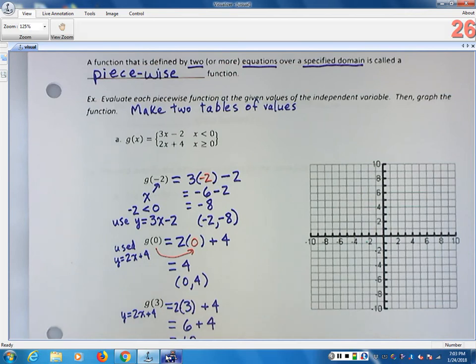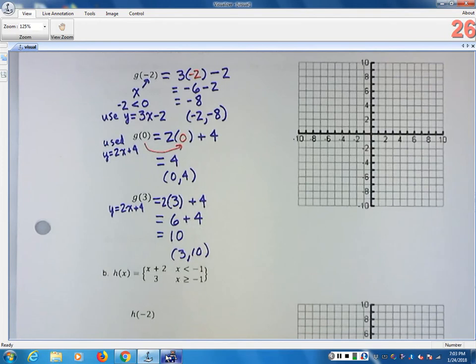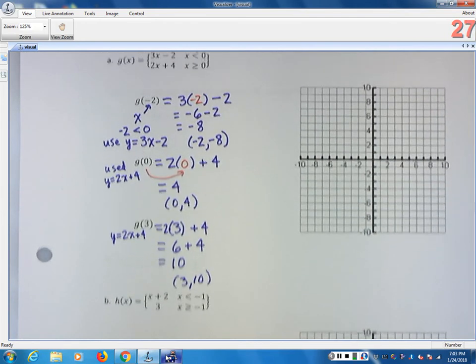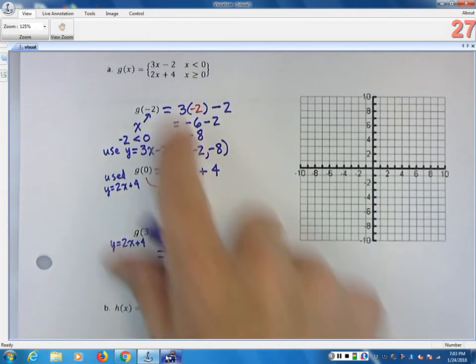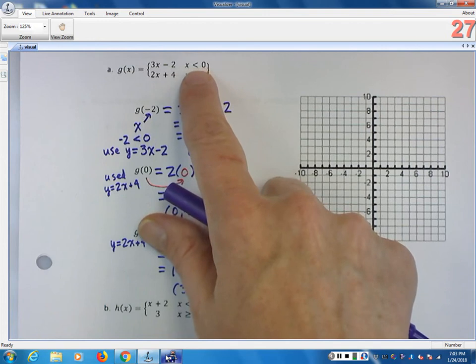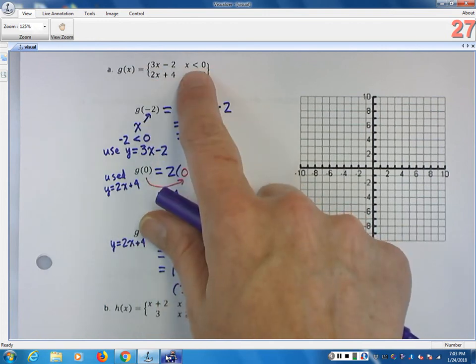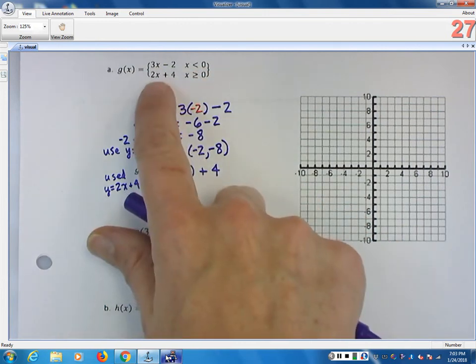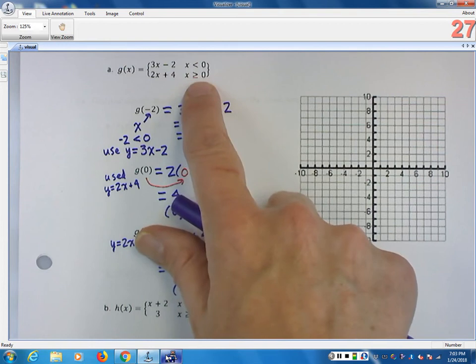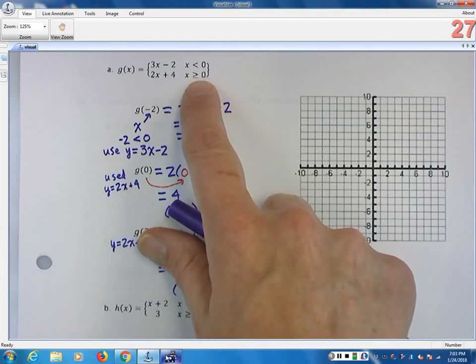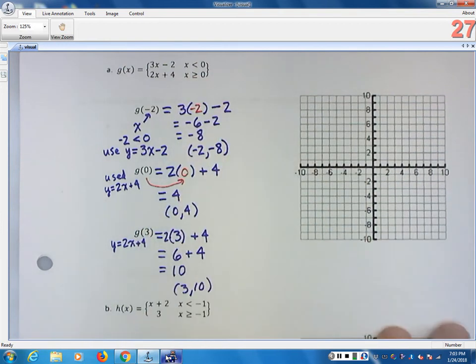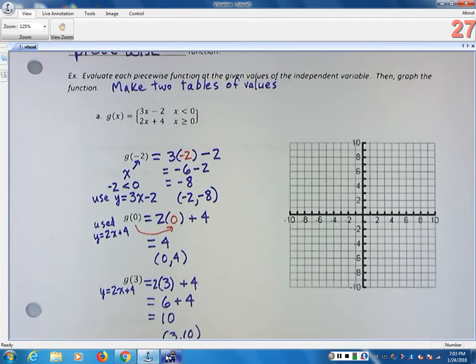But we can't just graph these points and connect the dots. You could graph this line and erase the part that's greater than 0. And you could graph this line and erase the part that's less than 0. But you have to notice where the function is changing.